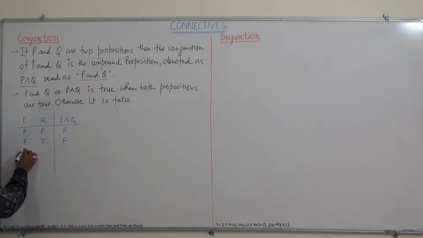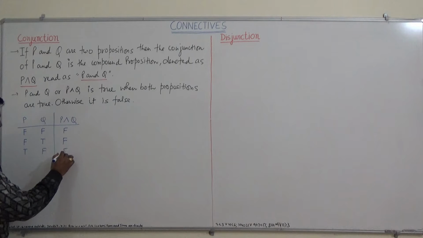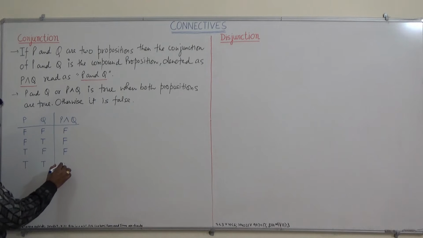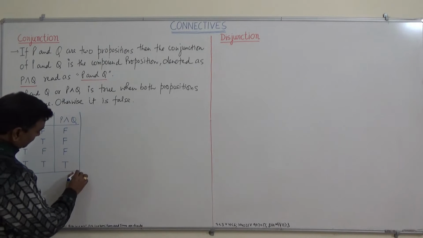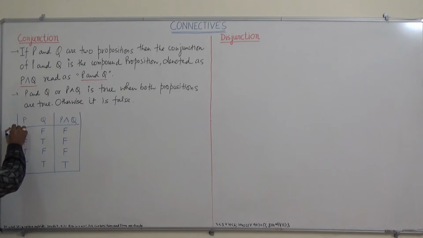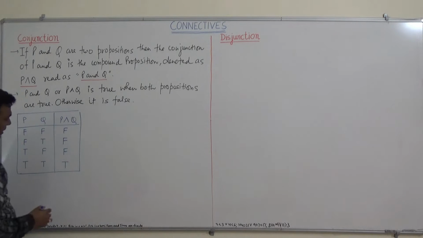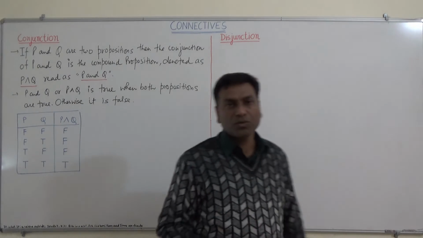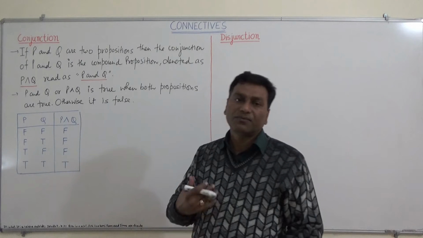If P is true and Q is false, then again this is false, and when P and Q both are true, then this is true. So P and Q is true only in one condition, when both the propositions are true, otherwise it will be false.